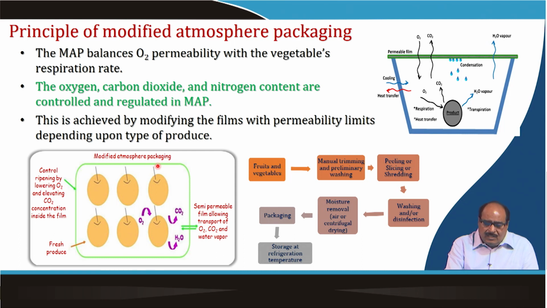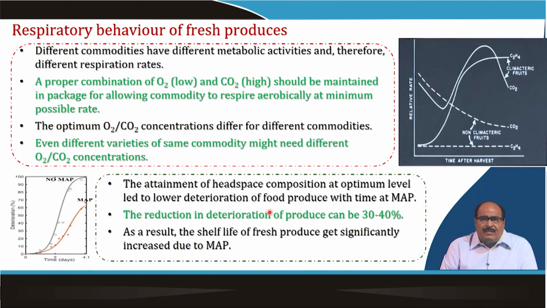So, obviously the fruit or vegetables, after they are harvested, are subjected to the usual pre-treatment of cleaning, washing, grading, sorting etc., then packing, and then in the packaging, along with the packing, the arrangement for modifying the atmosphere is done, and I will tell a little later how it is done, and finally these packages are stored.